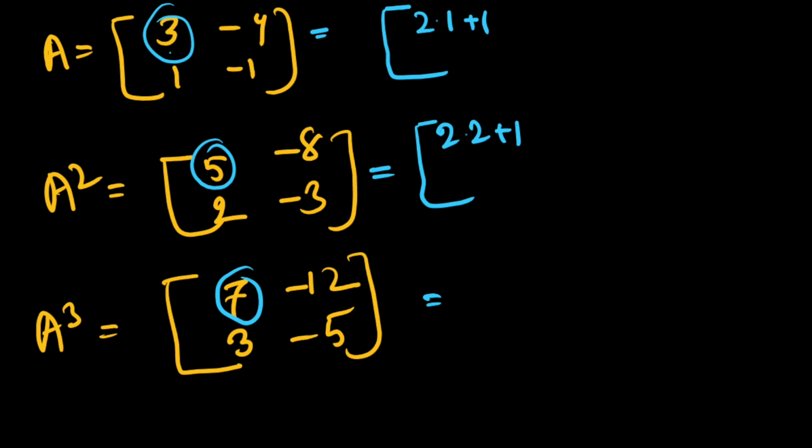So the odd term can be written as 2n plus 1. And the other terms are -4, -8, -12.